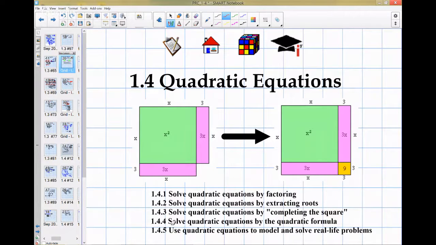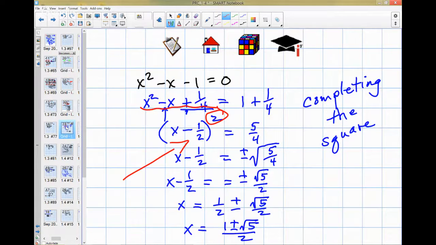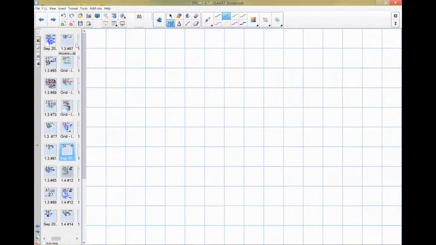Okay, so that brings us to number 4, the quadratic formula, which it looks like we have just enough time to start on at least. I only have 5 minutes, so what I'm going to do is just talk about the quadratic formula in general. Here's how the quadratic formula is stated.